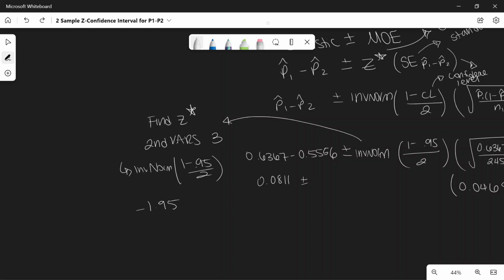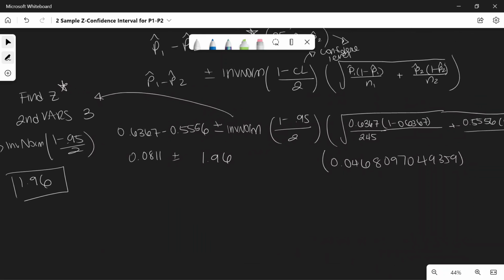We round to 2 decimal places, so 100th place. So it's going to be 1.96, and we're going to take that. It gave you negative 1.9599, whatever, but this is the actual answer. So that is that. Now we have that.